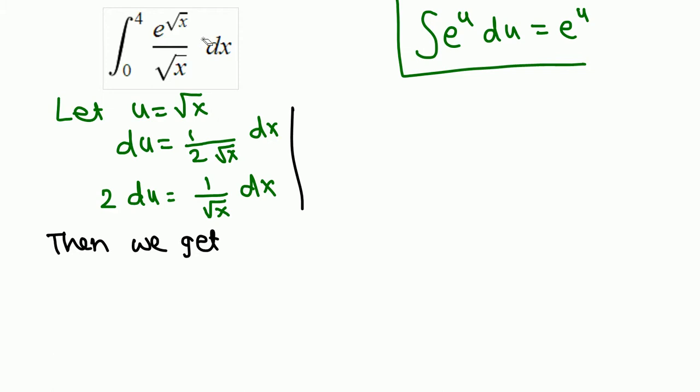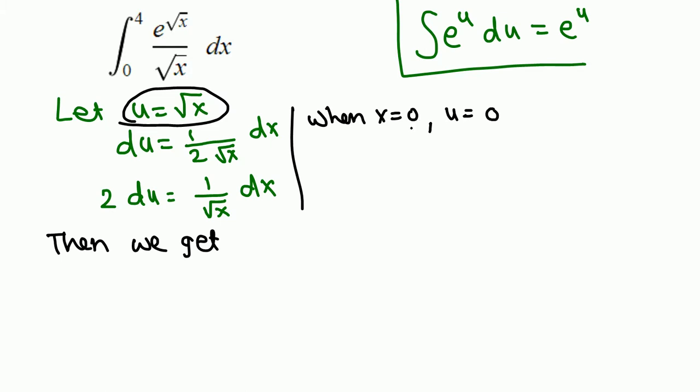So when x equals 0, because we are trying to convert in terms of u, we want to find the value of u. It's given from here: u is square root of 0. When x equals 0, u is 0. And when x is the upper limit 4, u equals square root of 4, which is 2.